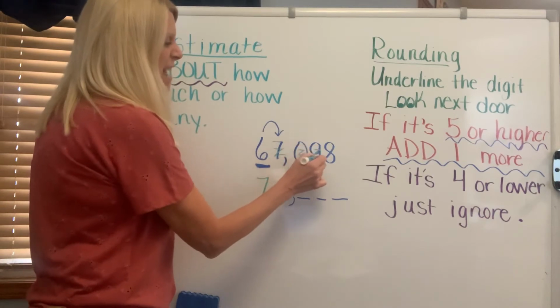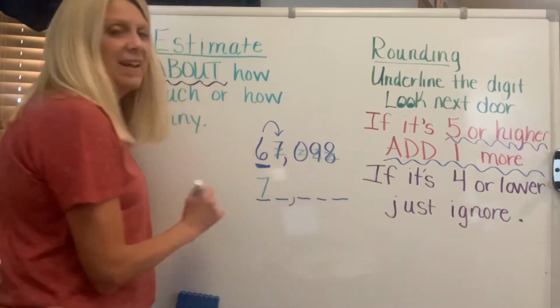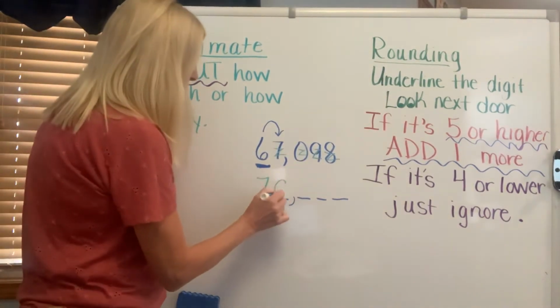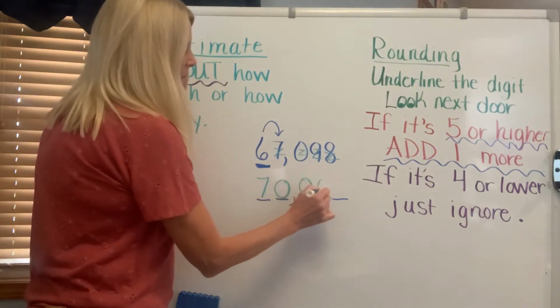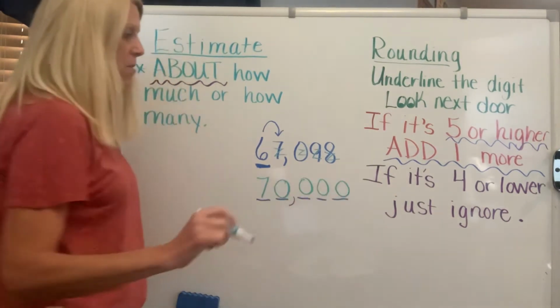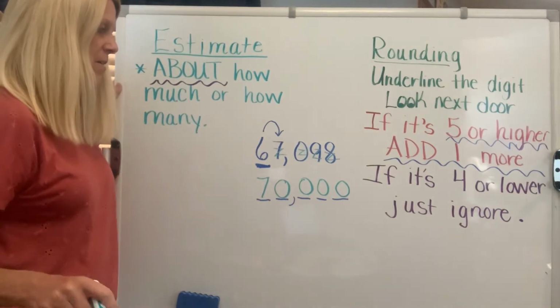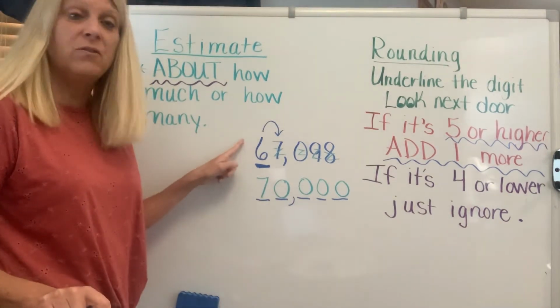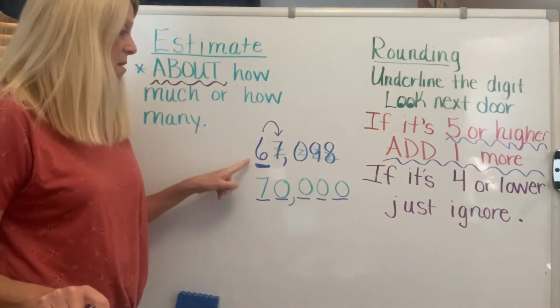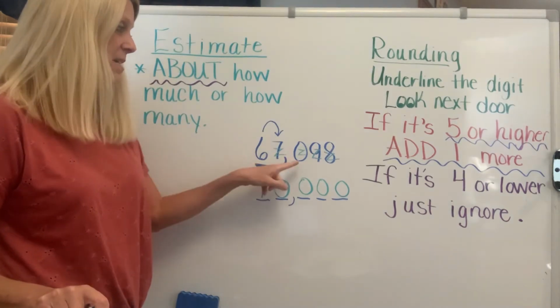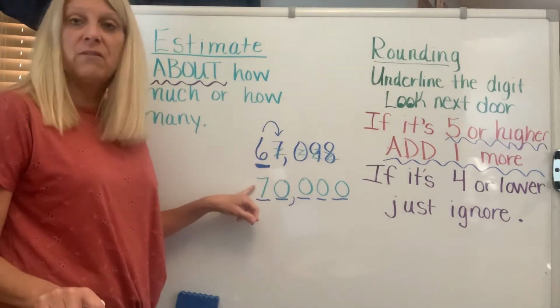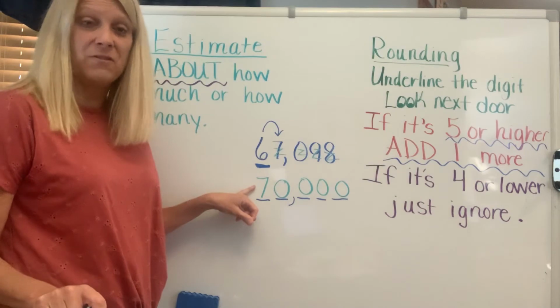I like to put little X's on here so I remember, not X's, Z's, so I remember that I zap them to zeros. All right, now I've shown you how to round 67,098 to the nearest 10,000.